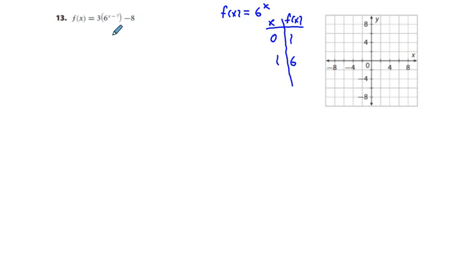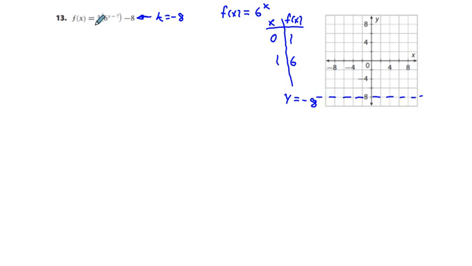So the horizontal asymptote is going to be k. So here we have k equals -8. So we put it right here at -8. Okay, we have a horizontal asymptote y equals -8. That is right there.